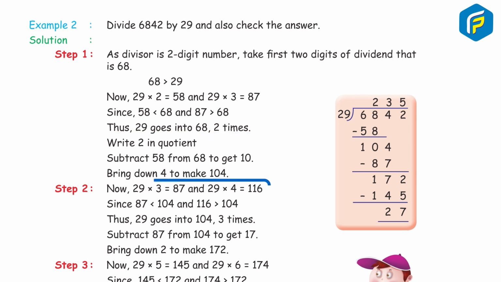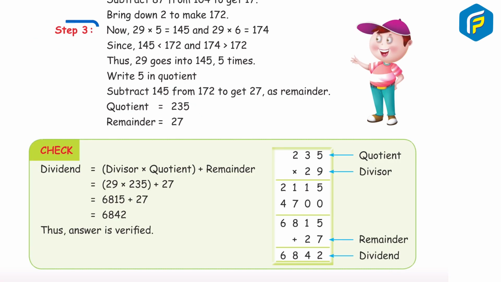Step 2. Now 29 times 3 is equal to 87 and 29 times 4 is equal to 116. Since 87 is less than 104 and 116 is greater than 104, thus 29 goes into 104 3 times. Subtract 87 from 104 to get 17. Bring down 2 to make 172. Step 3.